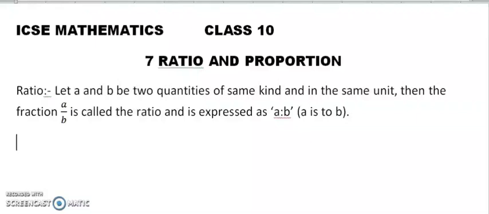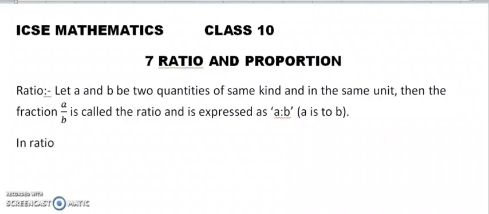So in short, what you have understood over here is that a ratio is a fraction. Yes or no? Ratio of two quantities of the same kind and having the same unit is a fraction A upon B, which is written as A is to B. Clear?